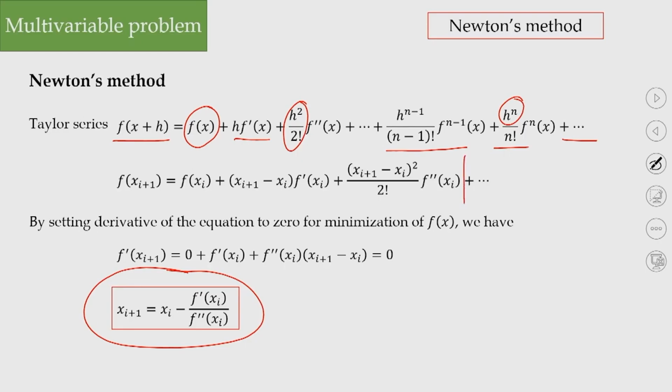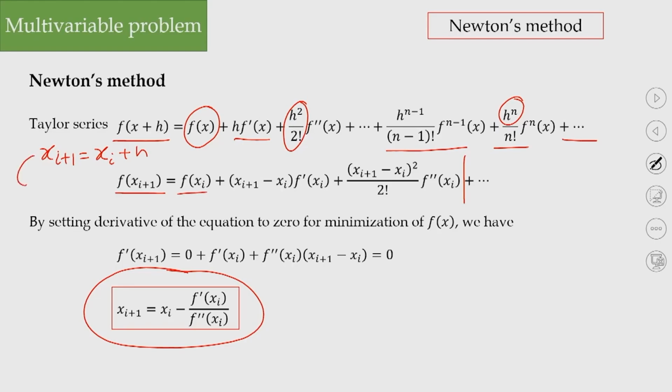Now, if I write x i plus 1 equal to x i plus h, in that case I can write f of x i plus 1 equal to f of x i. Now what is h?